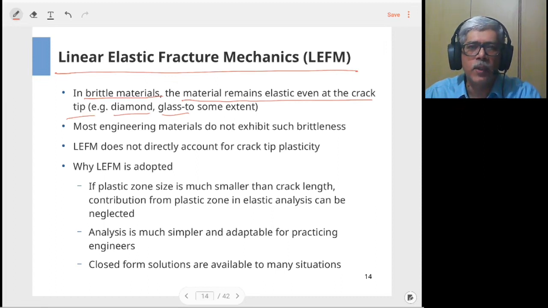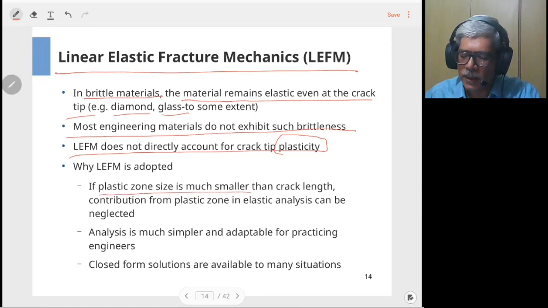Obviously, most engineering materials do not exhibit that level of brittleness. Steel, which is very commonly used, is very different from glass. For cases where the plastic zone size is much smaller than the crack length, the LEFM approach works very well.